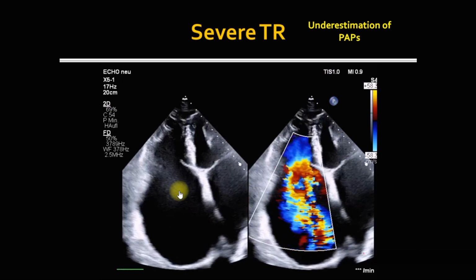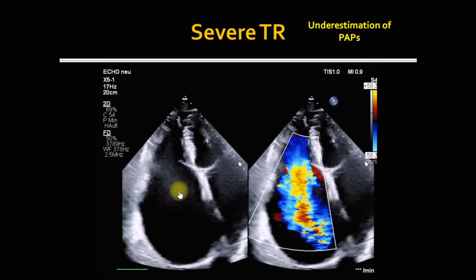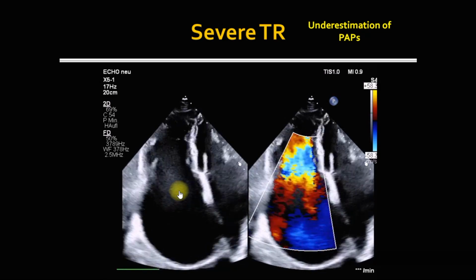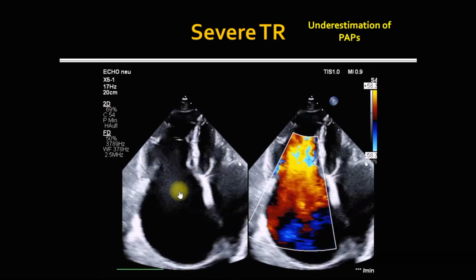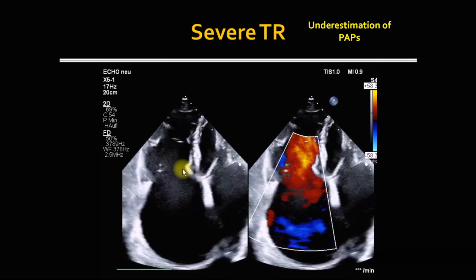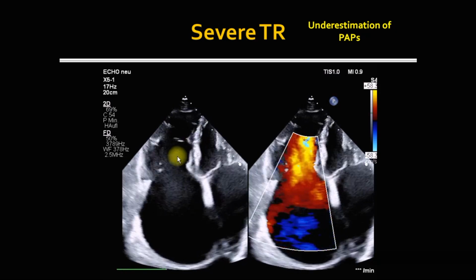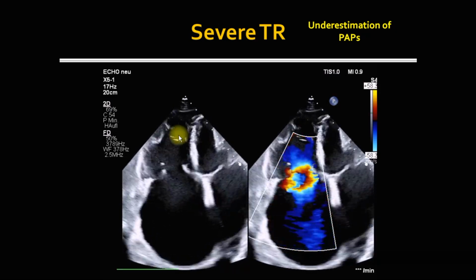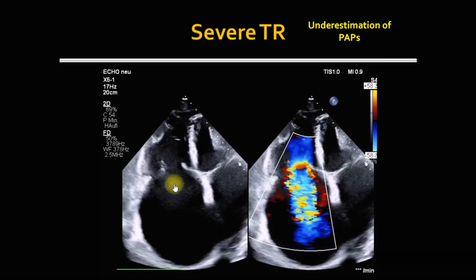When we want to estimate the pulmonary artery systolic pressure here, it would most probably be underestimated because we almost have no pressure gradient between the right atrium and the right ventricle. They are almost one chamber.